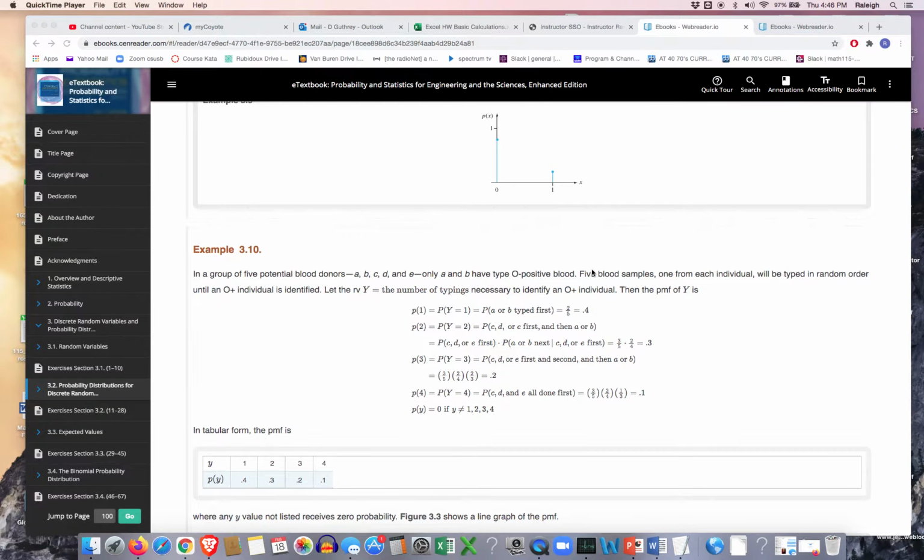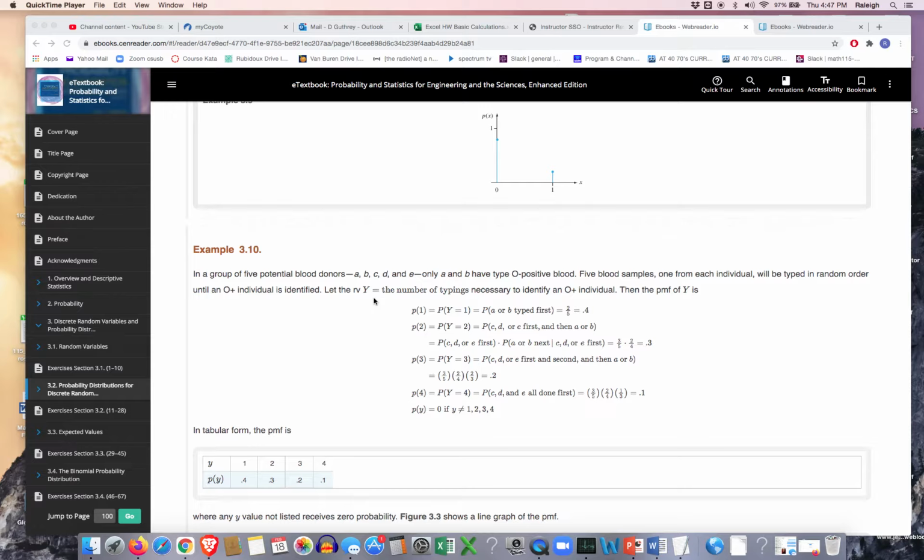Another example, lots of them today. In a group of 5 potential blood donors, labeled A through E, only A and B have type O positive blood, so we already know who they are. 5 blood samples, 1 from each individual, will be typed in random order until an O positive individual is found.